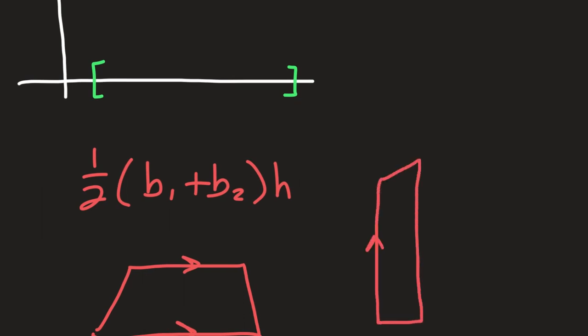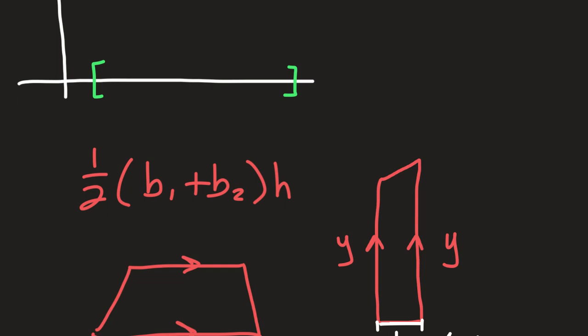Where these are your parallel parts, these are the y values for your given x values. This is going to be the height of your trapezoid, the distance in between your bases. So the height of your trapezoid is going to come from your delta x, the change in x.